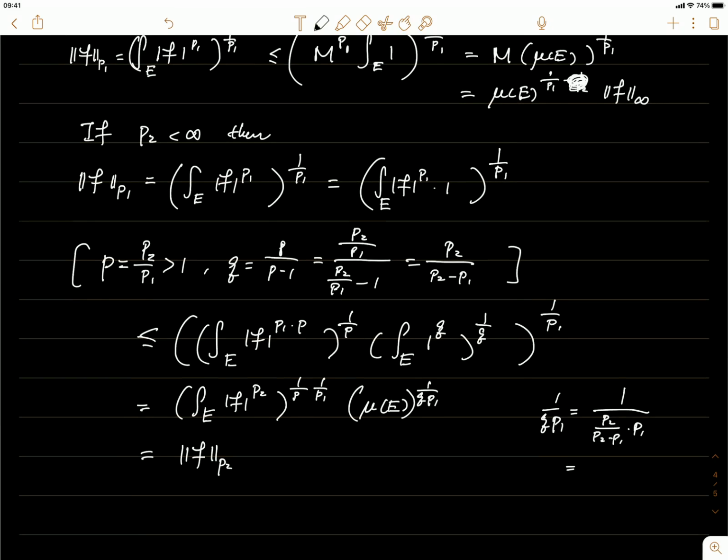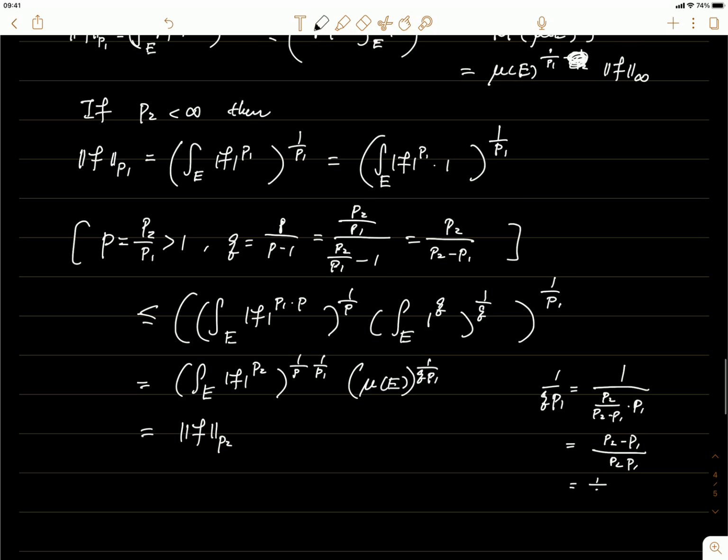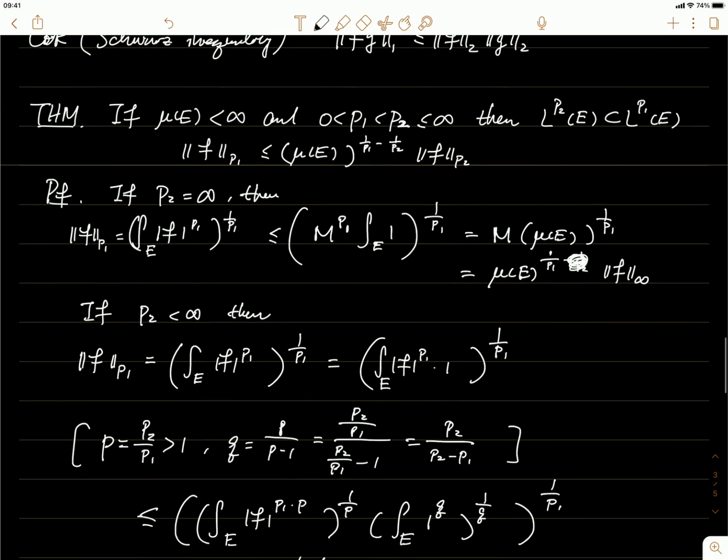So this is equal to p2 minus p1 over p2 p1, and that is equal to 1 over p1 minus 1 over p2. Okay, so that's why the second term is just mu(E) to the power 1 over p1 minus 1 over p2. That's exactly the inequality we had here.